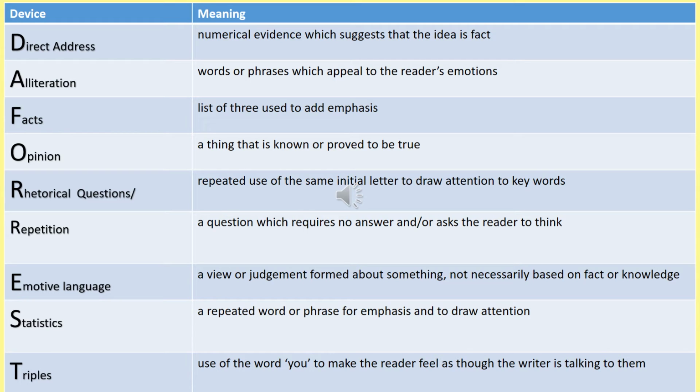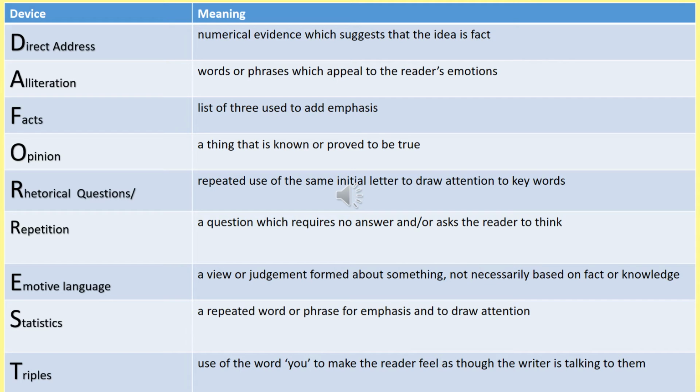we've got some of the meanings. So we've got numerical evidence, which suggests that the idea is a fact. We have words or phrases which appeal to the reader's emotions. List of three used to add emphasis. A thing that is known to be proved to be true. Repeated use of the same initial letter to draw attention to keywords.